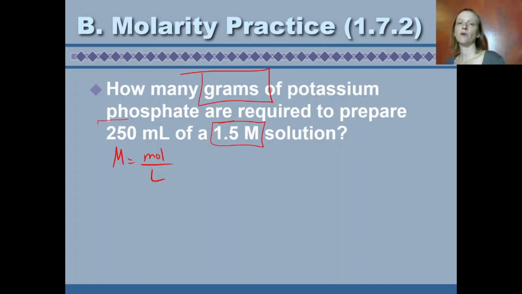Ooh, this volume though is not in liters, it's in milliliters. So I'll need to convert this first. Milliliters to liters, you need to divide by 1,000 because there are 1,000 milliliters in 1 liter. So that means 0.250 liters.